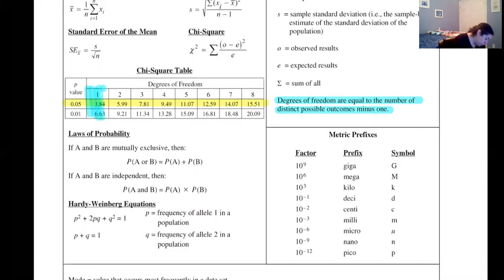Where the two intersect, that green area right here, is the value we're going to compare our chi-square to. Okay, so 3.84. If our chi-square is larger than this value, then we reject the null hypothesis. If our chi-square is lower than this value, then we fail to reject the null hypothesis.